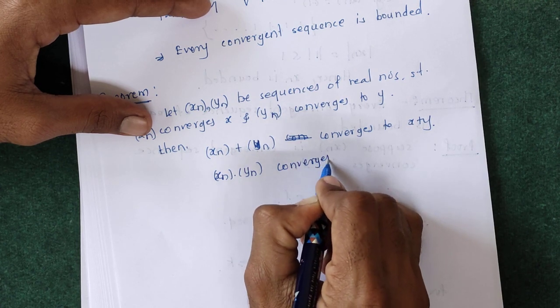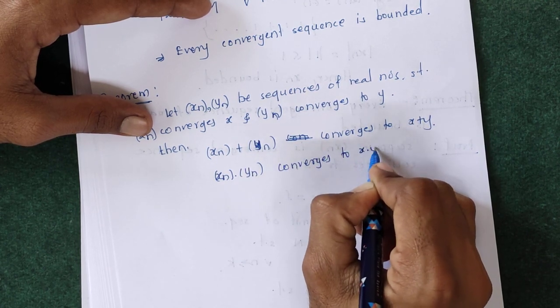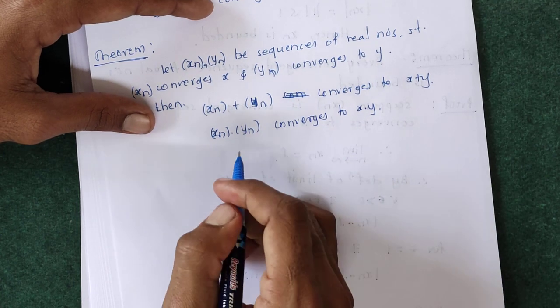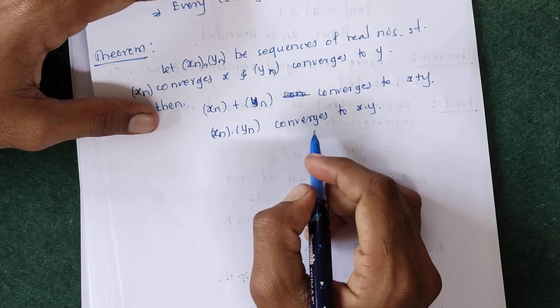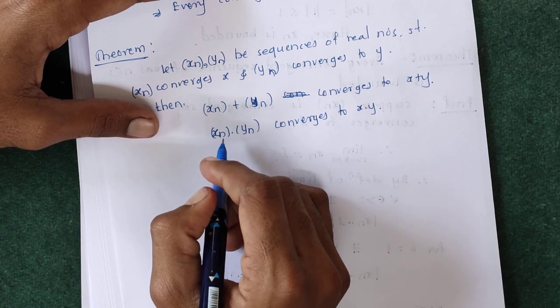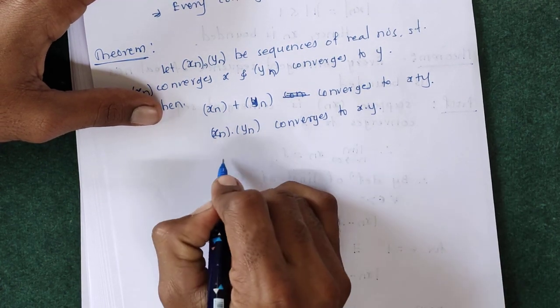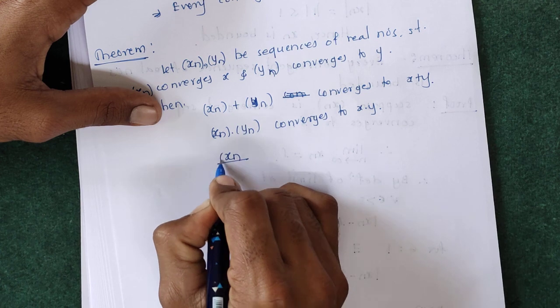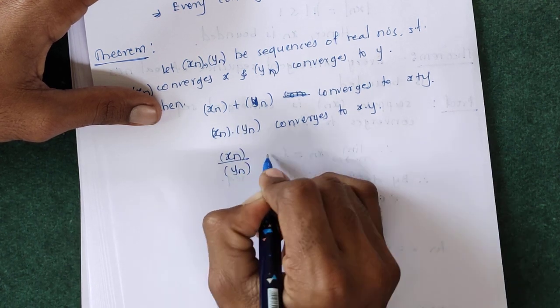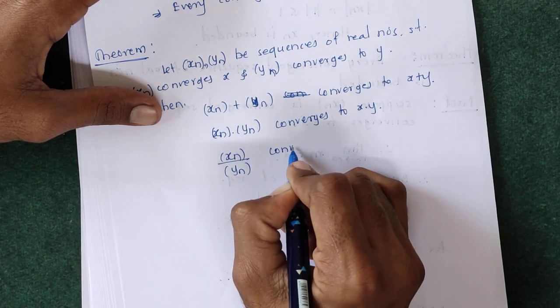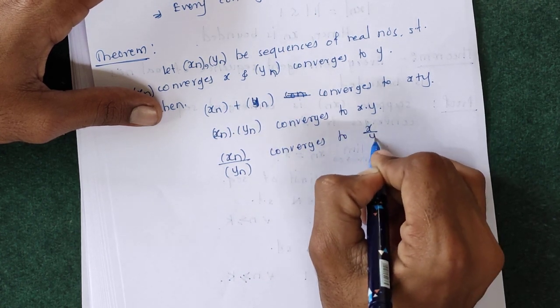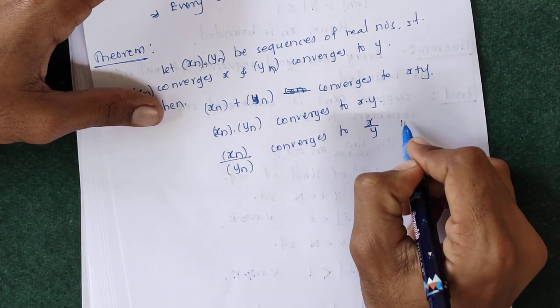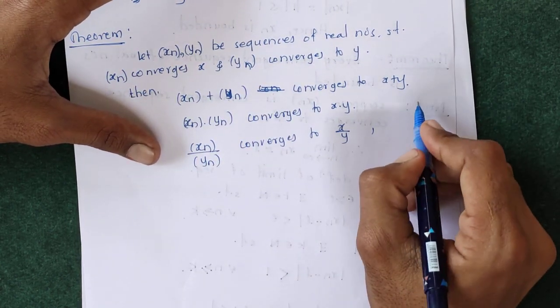Also xn minus yn converges to x minus y, and the quotient, xn upon yn, converges to x upon y, where yn is non-zero and y is also non-zero.